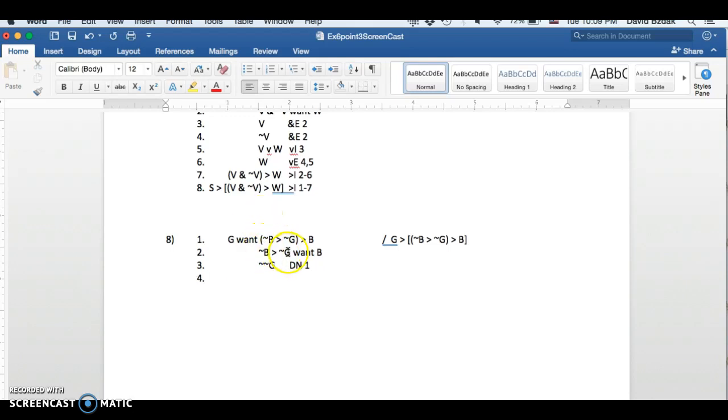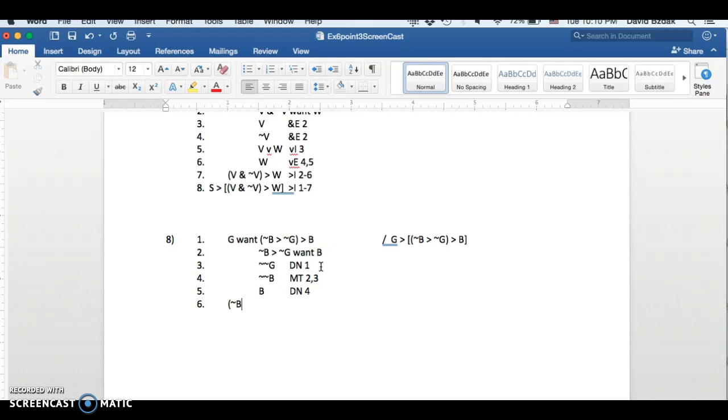Now we have a conditional, and we have the negation of the consequent, so that gives us the negation of the antecedent. Modus tollens 2, 3. Now that gives us B by double negation of 4, and that's what we wanted to get. So this one brings us back.